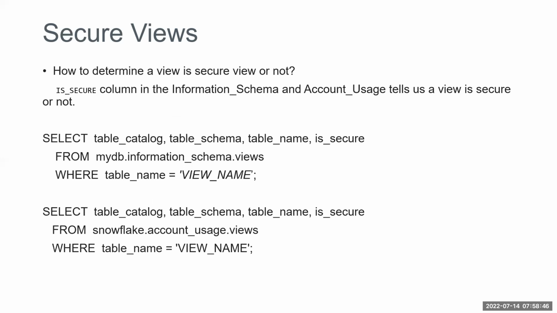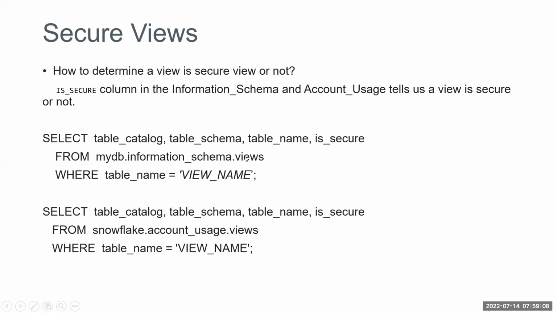If we want to know whether this view is secure or not, I just have to execute this select statement: select star from information_schema.views. Information schema views is the table that stores all the table and view information, where table name equals the view name.